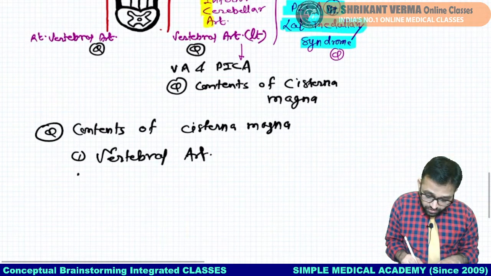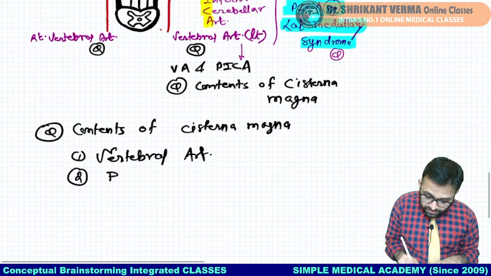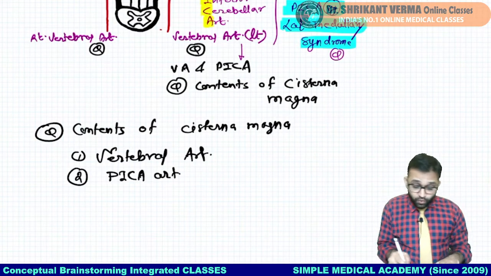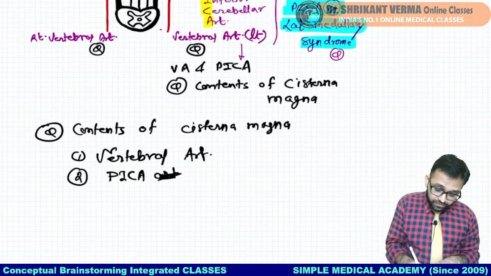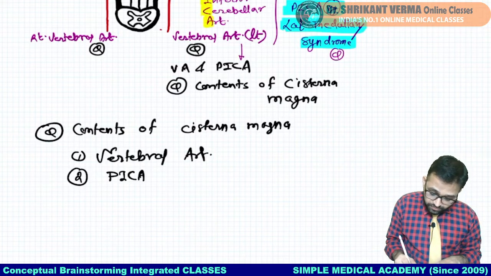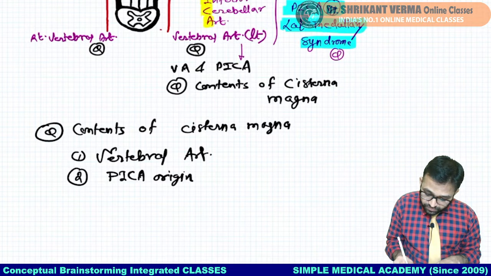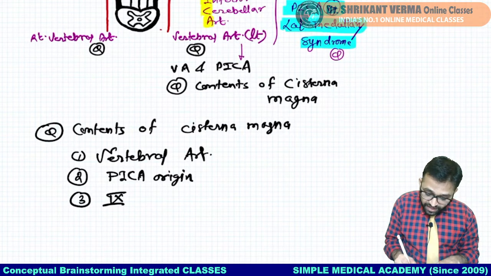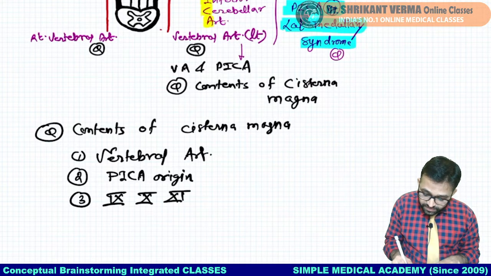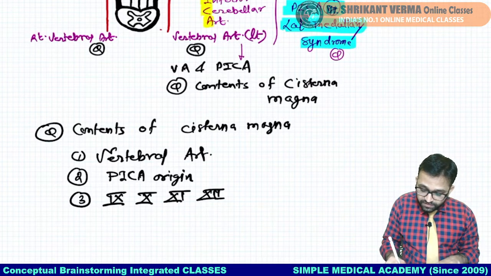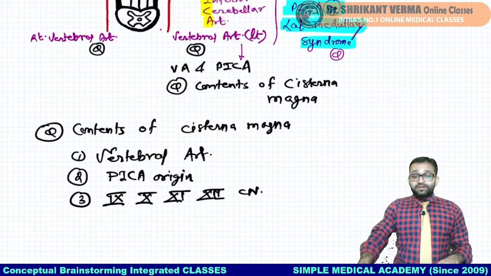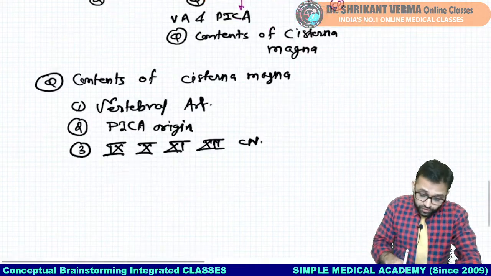Also you will see the PICA, posterior inferior cerebellar artery, its origin, the starting part. Then you will also observe the cranial nerves, ninth, 10th, 11th, 12th. Getting the point?